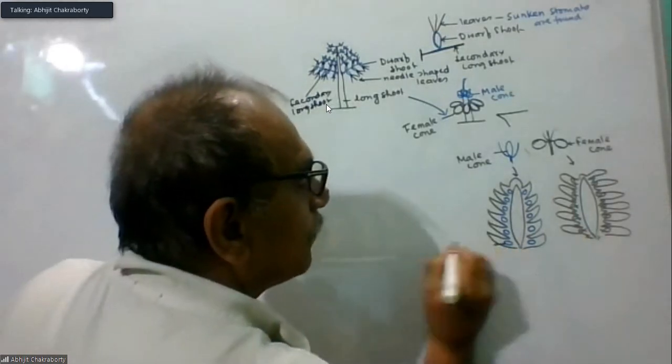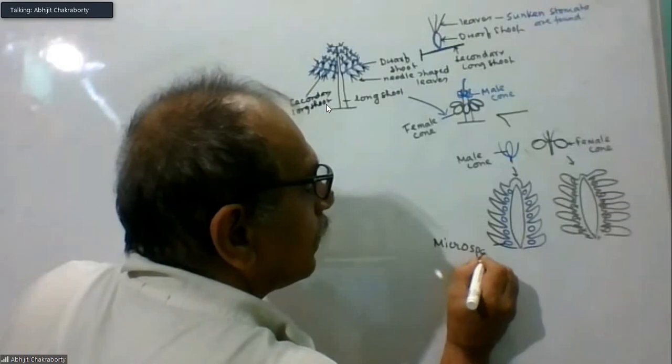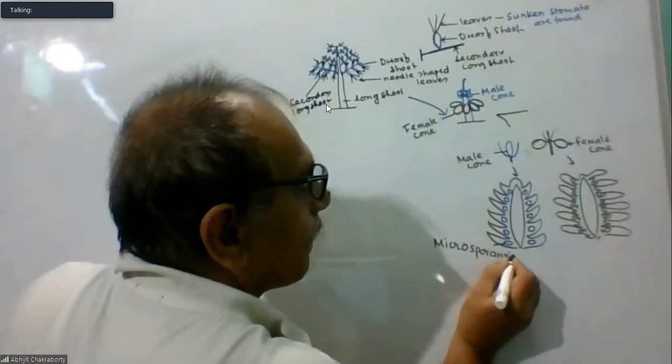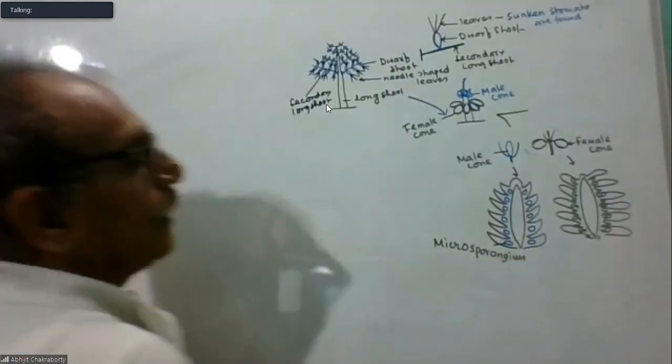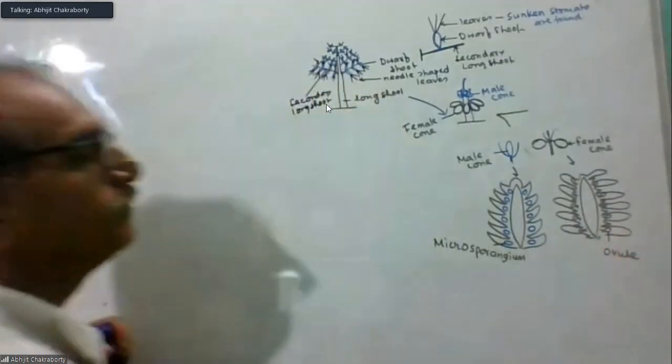So these are called microsporangium, and it is called ovule.